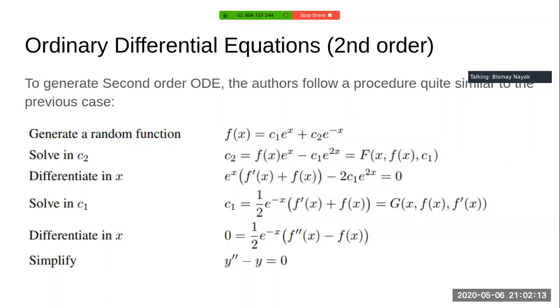If not, we discard it. But for 50% of the problems they were able to solve it in c1, and hence they obtained a pretty good amount of data for second order differential equations.